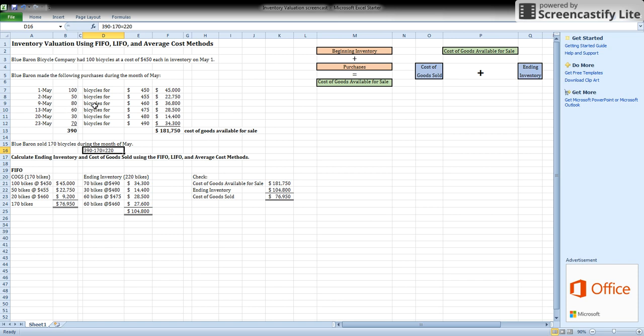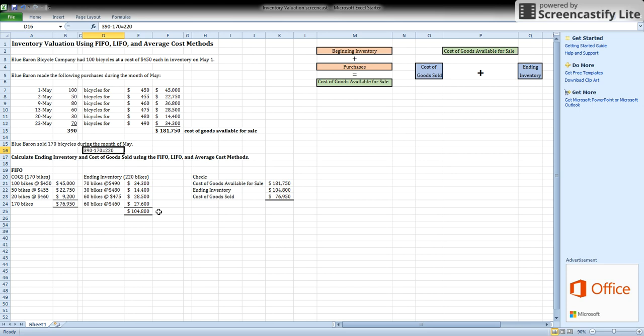So from our May 9th purchases, 60 of those bicycles remain in ending inventory, which makes sense since we had 80 and we know we sold 20. So 60 remain, 60 bikes at $460 gives us $27,600. So if we add that all up, we've got $104,800 in ending inventory under the first in, first out method.